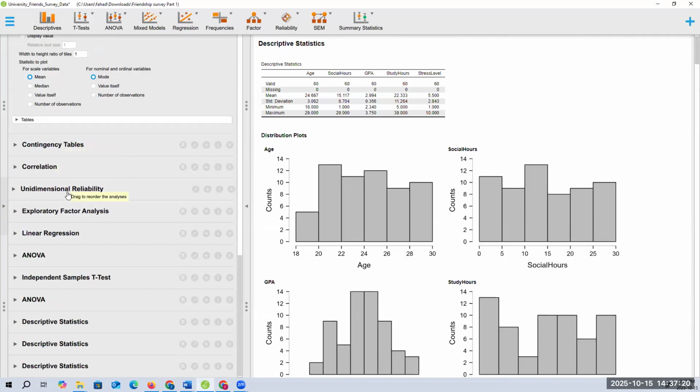You do need a reliability analysis, and factor analysis is important in the early phase of the survey because you want to make sure that the questions are consistently matching with the theme. So, four questions in relation to, for example, student well-being, and four questions in relation to stress level and so forth. So you want to make sure that the questions are related to that theme.